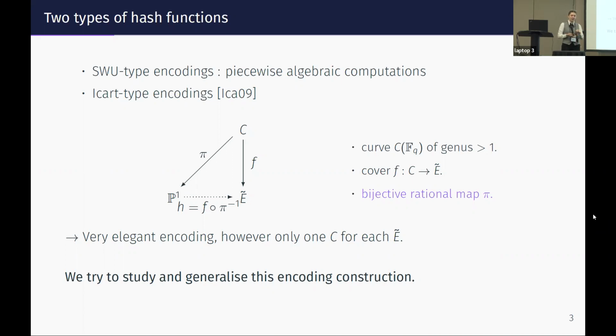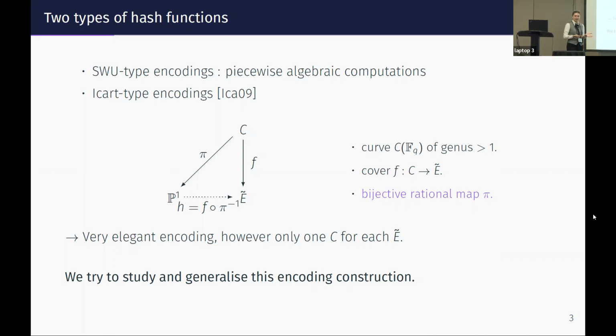However, if you look at the original article from Icart, you see that he only gave one family of curves C for each elliptic curve Ẽ we could want to reach. So the natural question that arises here is, is it possible to generalize this construction and to use it with maybe different kinds of curve C?